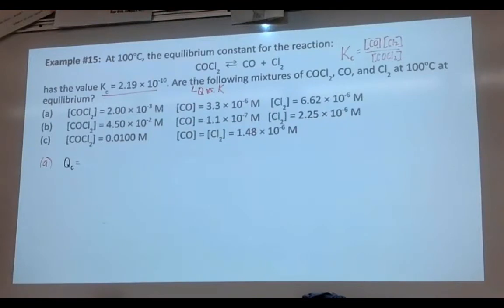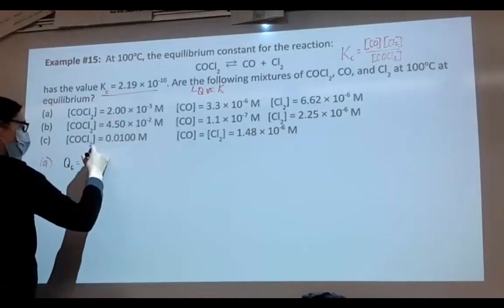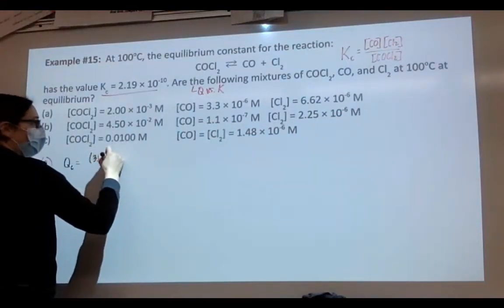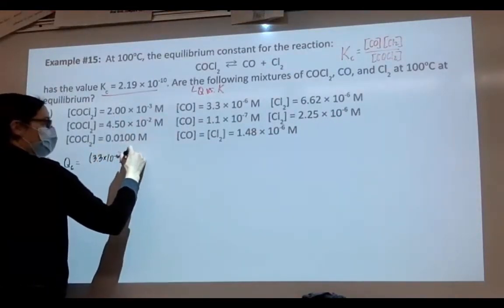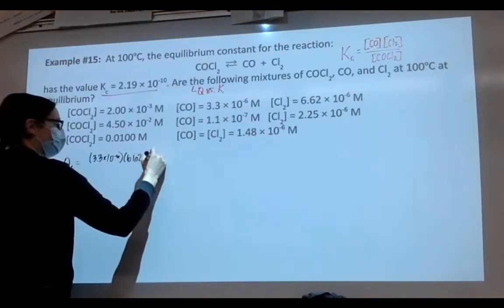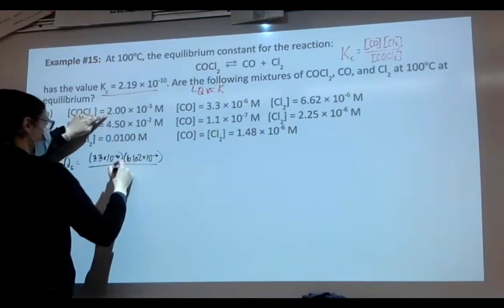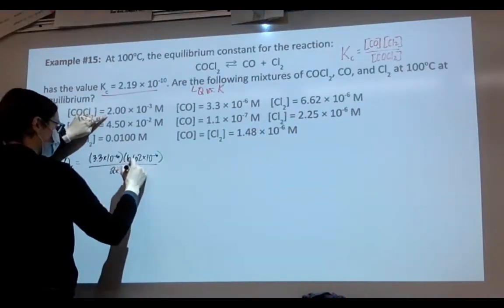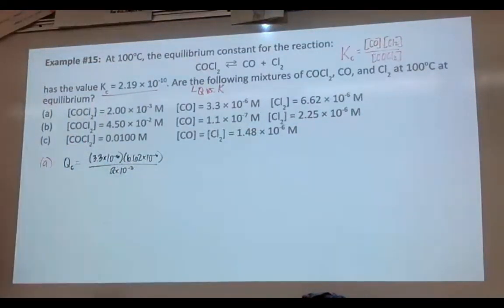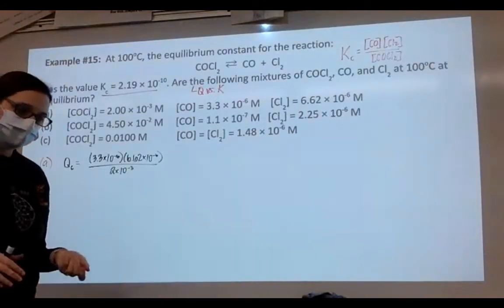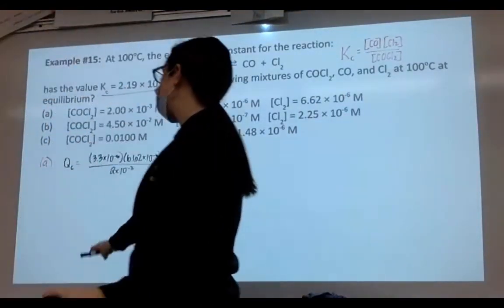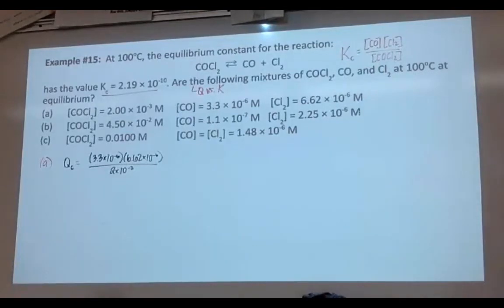The reaction quotient is a variable that can be at any point in the reaction. So CO times Cl2 over COCl2. Just like K, Q does not have units, so you don't even have to worry about putting units into the expression.